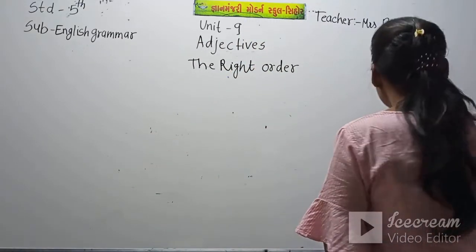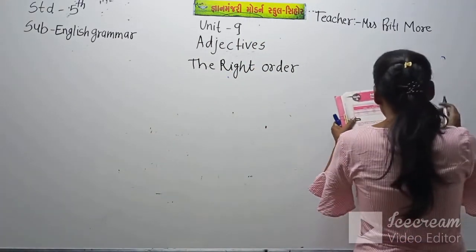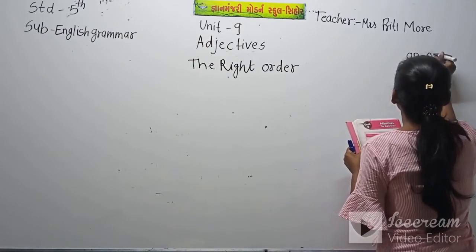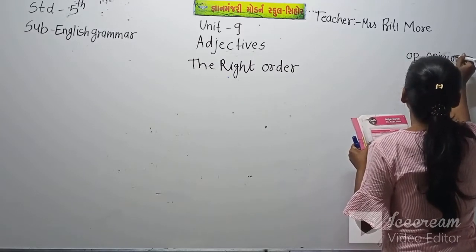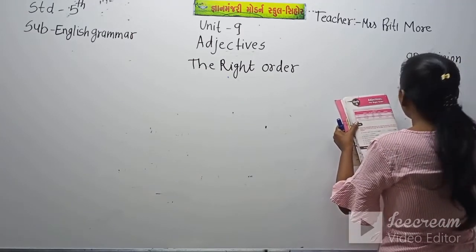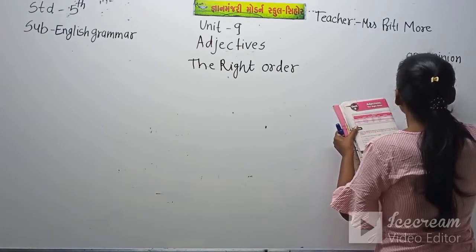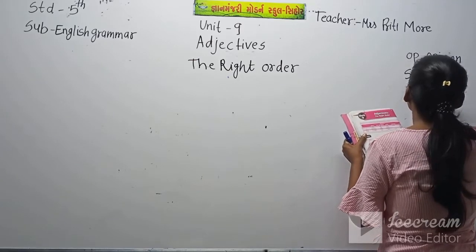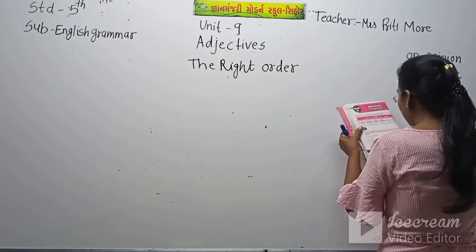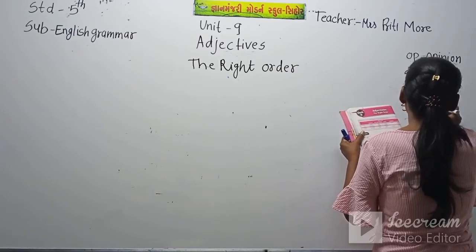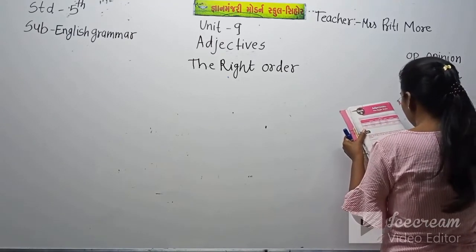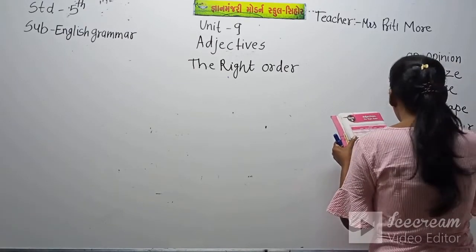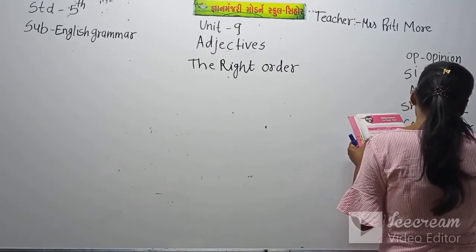So I just write here what we have to write. OP for opinion, SI size, A age, SH shape, CO color, MA material.